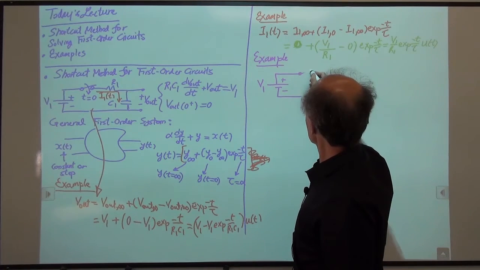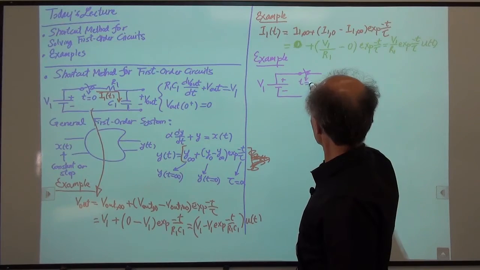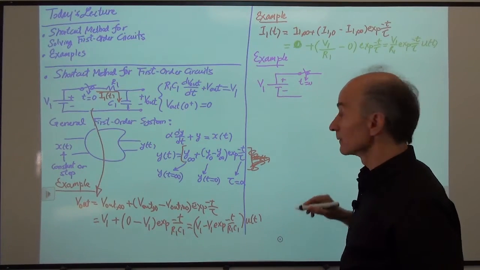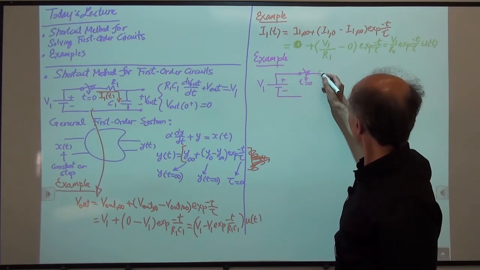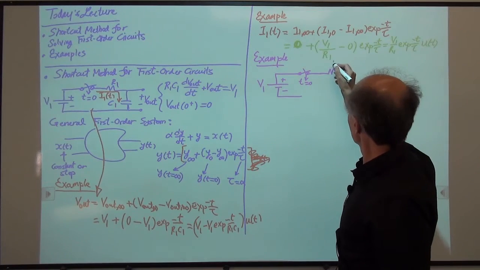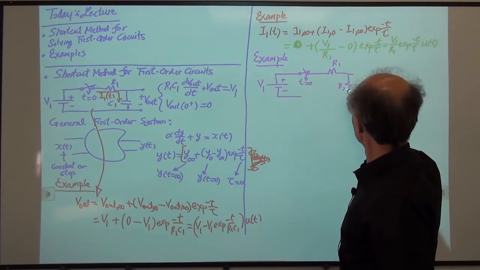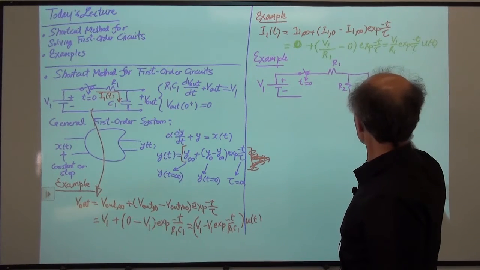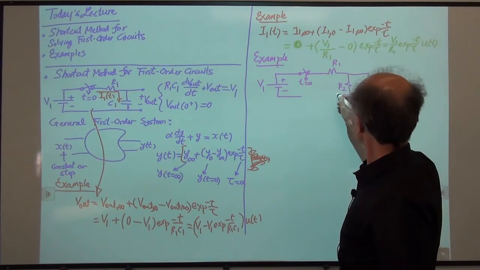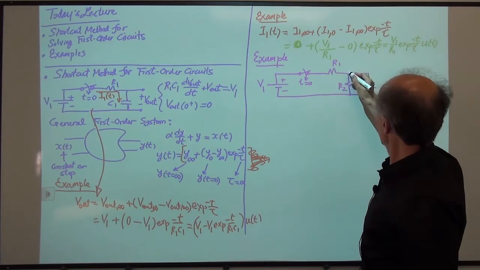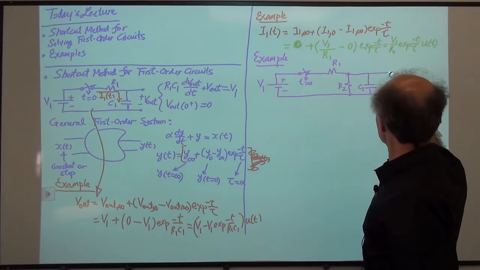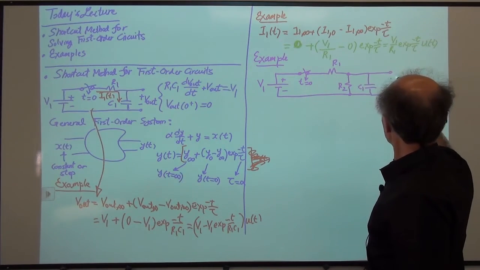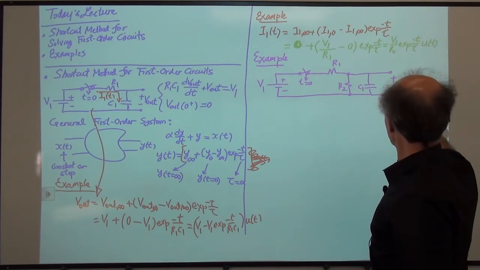I have a switch that begins to conduct at time 0 like before. Okay, but now I have a resistor here R1, another resistor here R2, and then a capacitor here C1. And suppose again the quantity of interest is this voltage, although every other quantity can also be found easily.